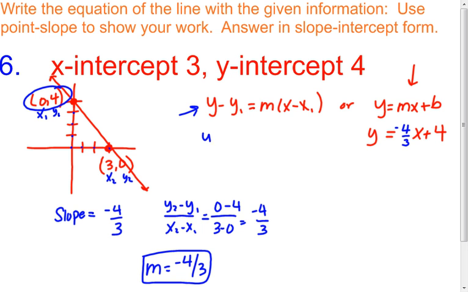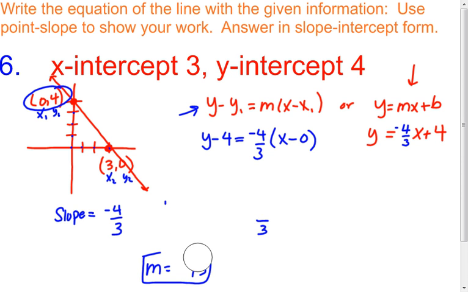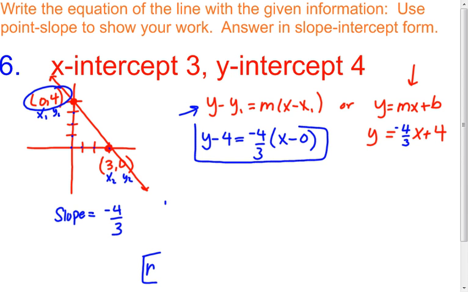Y minus my y1, which is 4, equals my slope, negative 4/3, times x minus my x1, which is 0. I can keep going from there. This right here is in point-slope form.